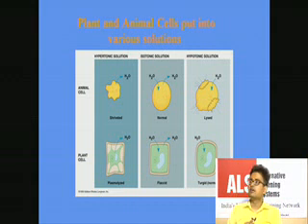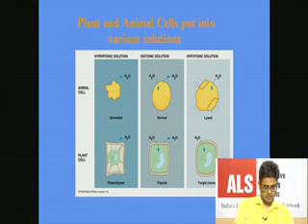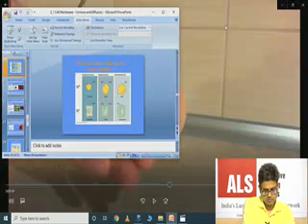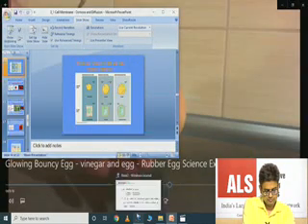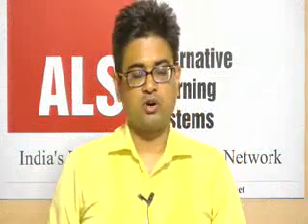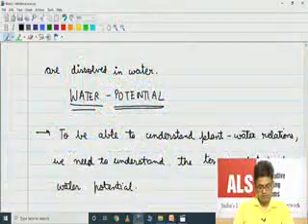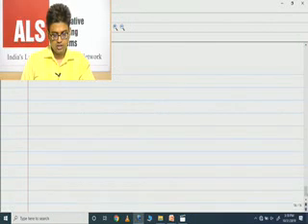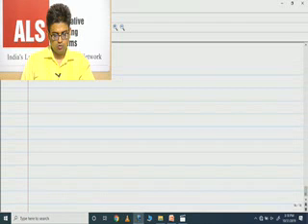Okay. So let's write a bit about plant water relations first, then we will move on. Water potential. So what is water potential? Water potential is the ability to measure the potential energy of the water molecules.